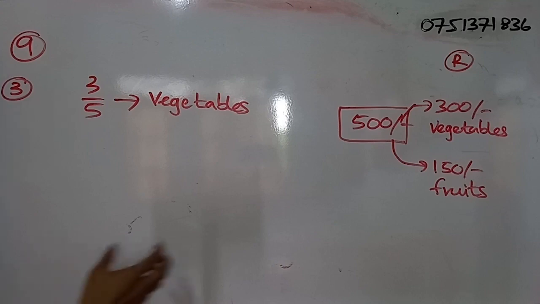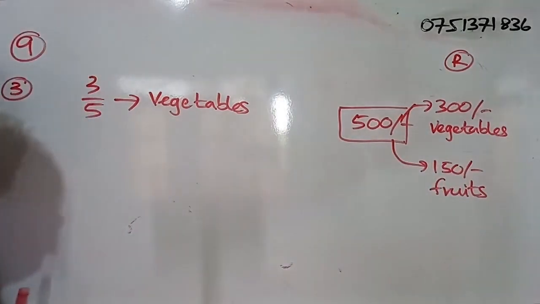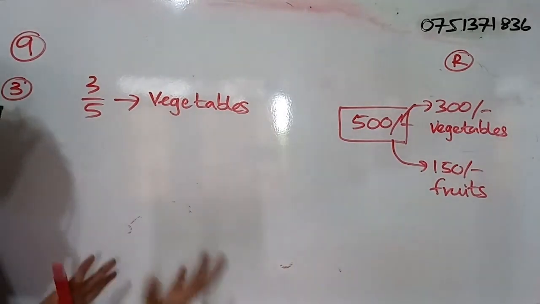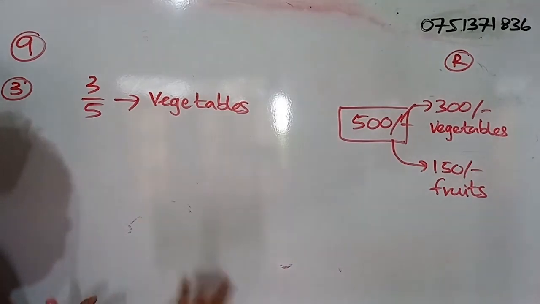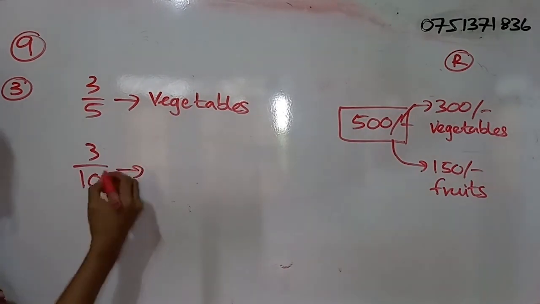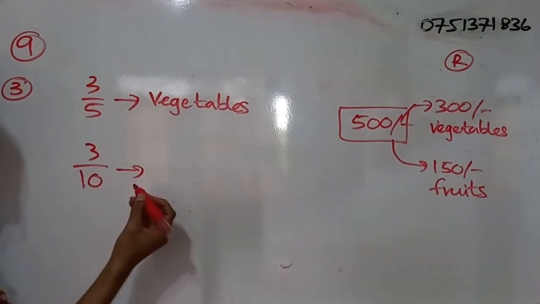We know 150 rupees she spent for fruits, and we converted that amount also into a fraction. So that will be 3 by 10. This is the amount that she spent for fruits.